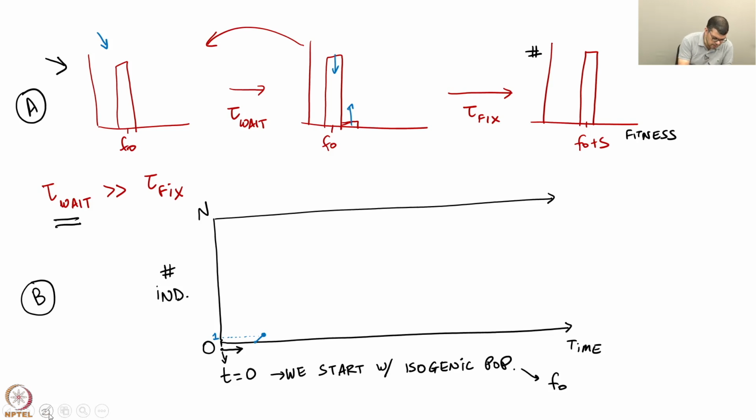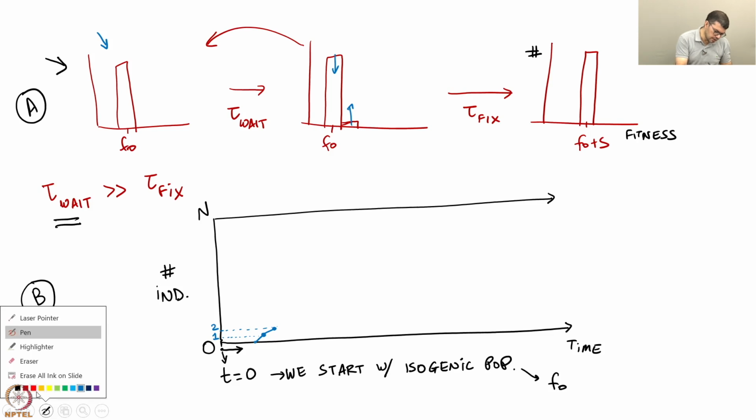Now, as we move forward in time, maybe this individual will divide again and its numbers will increase to 2. And what that means is, at this instant of time, I have two individuals of this blue genotype which is of a higher fitness, and n minus 2 individuals which are at lower fitness.